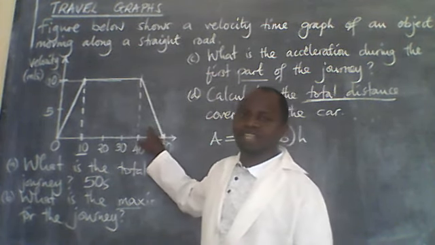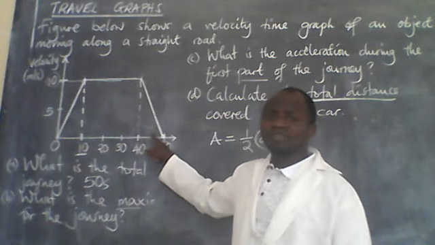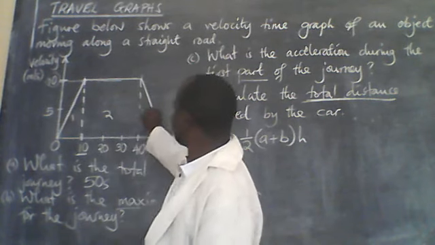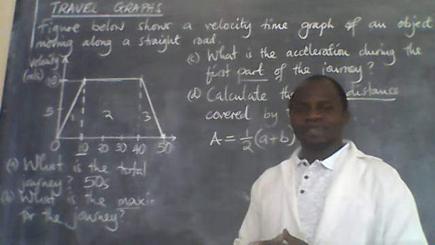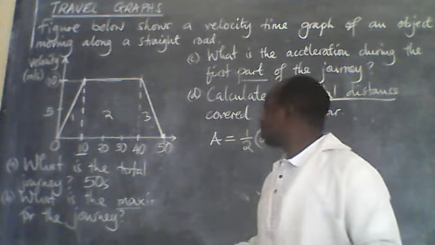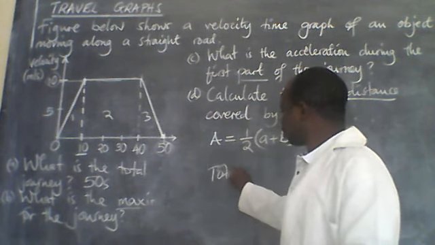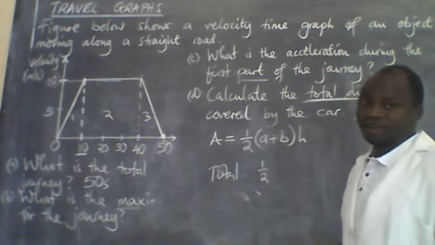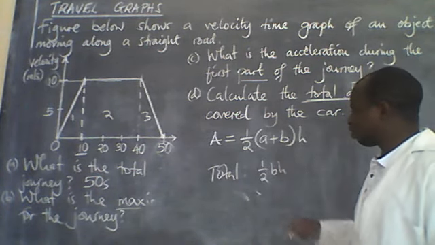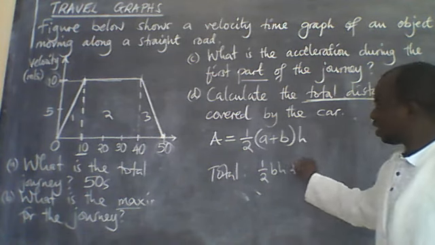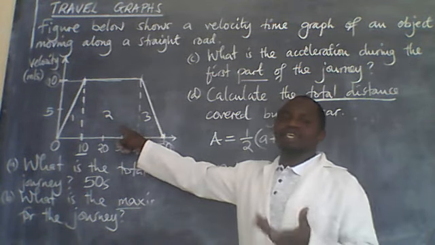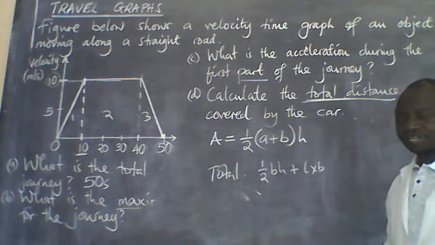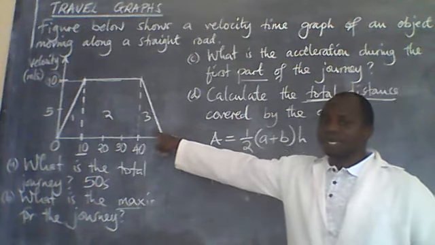Then I also have the last one here. What is this? A triangle. So I have 1, 2, 3. I'll add them. So I've got 2 triangles. So I'll say total area in that case will be, the first one is the triangle, half BH, plus number 2 here, let's say it's a rectangle, so plus L times B, that is the area of a rectangle, plus the last one is what?